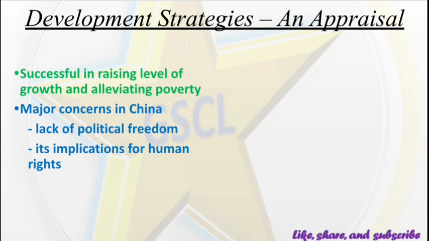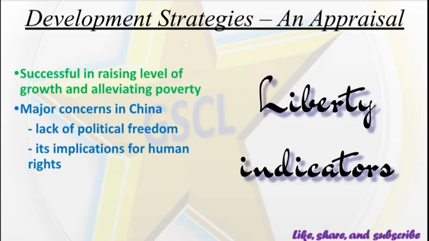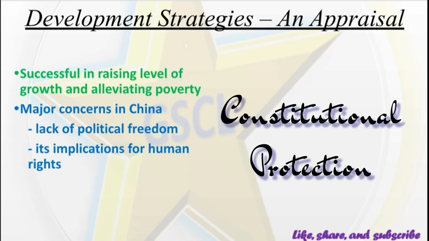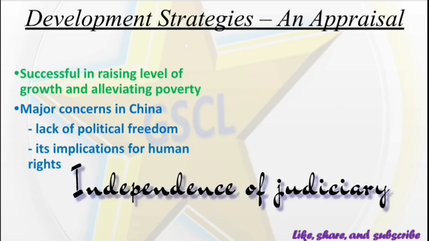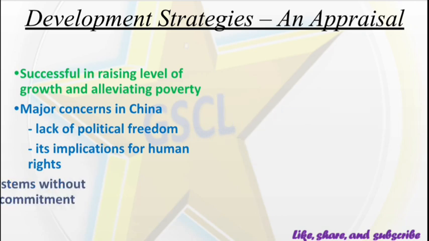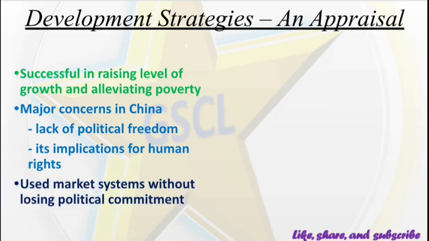It is pointed out that liberty indicators must also get enough weightage, which highlights the condition of citizens in terms of constitutional protection, independence of the judiciary, and the rule of law. But it must be admitted and appreciated that China was successful in using the market systems without losing political commitment.